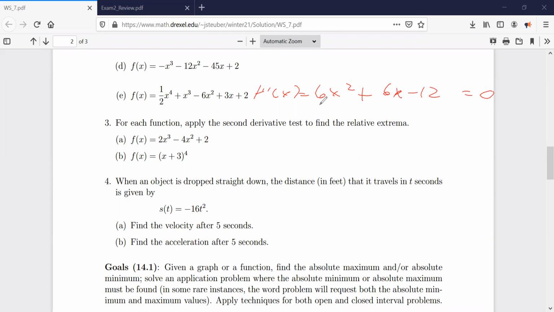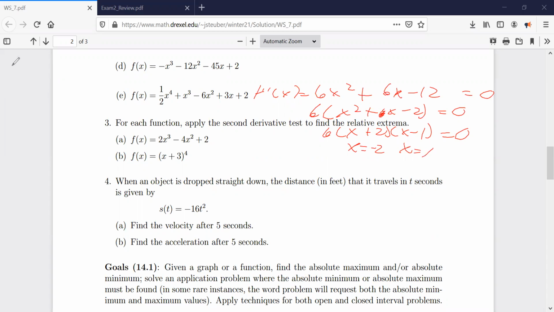I'm just going to factor out a 6 from the whole thing. So I get 6 times x squared plus x minus 2 is equal to 0, and that's 6 times x plus 2 times x minus 1 is equal to 0. That's x equals 1 and x equals negative 2 as my 2 potential points of inflection.